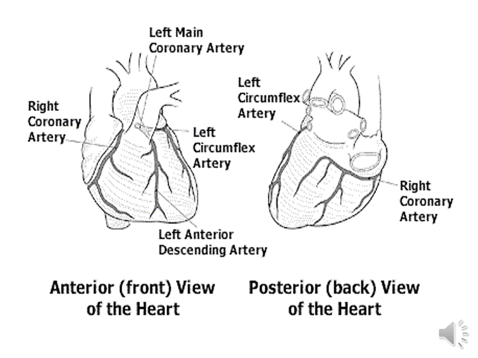The left coronary artery: the left main coronary artery arises from the left coronary cusp, giving the left anterior descending artery in the anterior interventricular septum, and the left circumflex artery in the left AV groove.